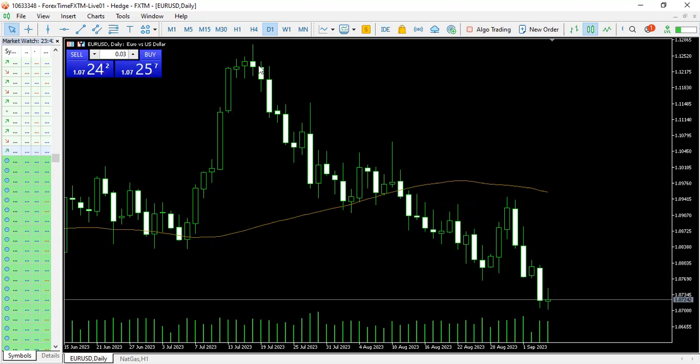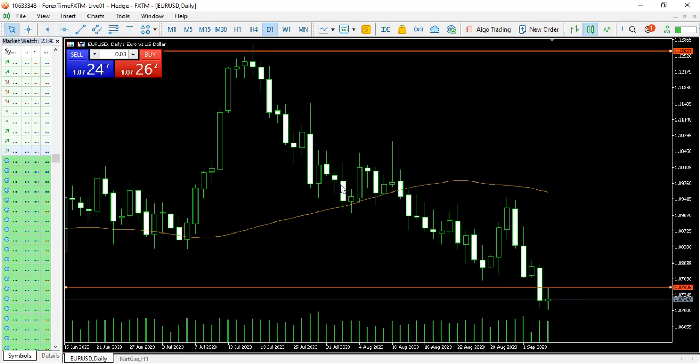So I can say that from this point in this market action, 1.12623, till this point, the market has gone bearish. Do you understand? Yes.